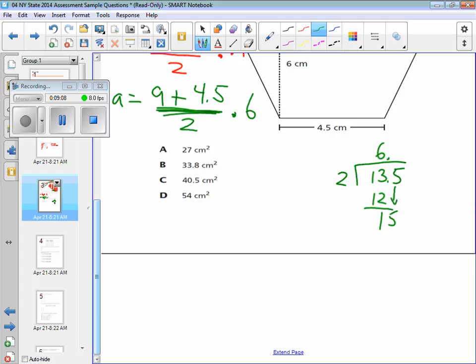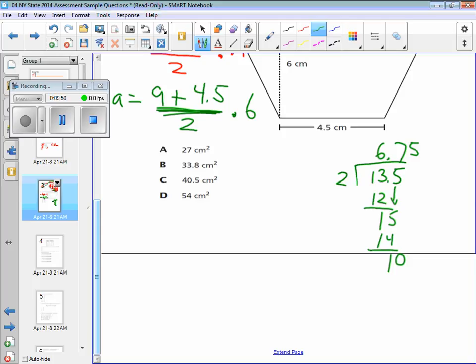Yup. 2 into 15. Okay, goes in. Wait. I'm drawing a blank. Just give me a sec. You got it. Okay, 7. 7 times 2. Mm-hmm. Am I done? You got to keep going until it terminates or repeats. What do I bring down? 0. 2 into 10, it will terminate. Goes in 5 times. Okay. 6.75 is the result of this right here.